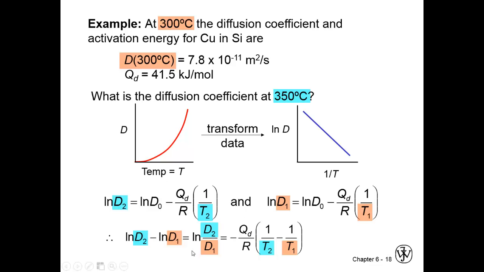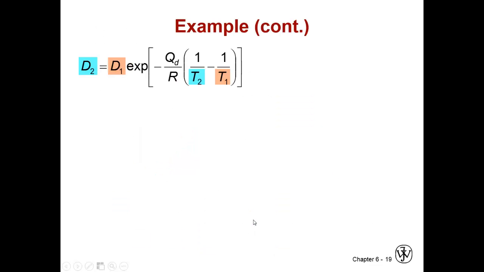What we're going to do is take e and raise it to the power of both sides of these equations, to get rid of the natural log. And then we multiply through by D1, and we end up with this expression. So now we have a full expression that we can just plug numbers into for our diffusion coefficient for our second temperature, 350 C.